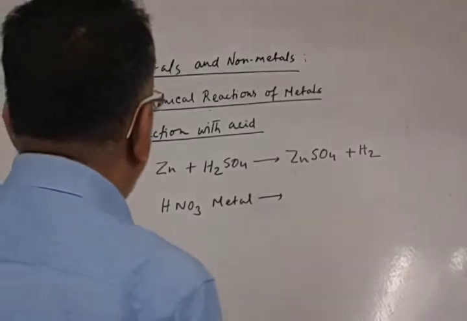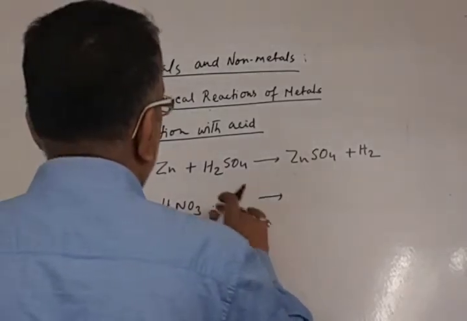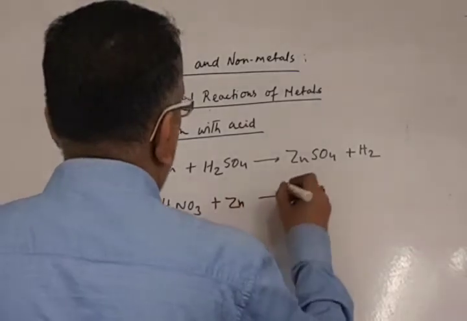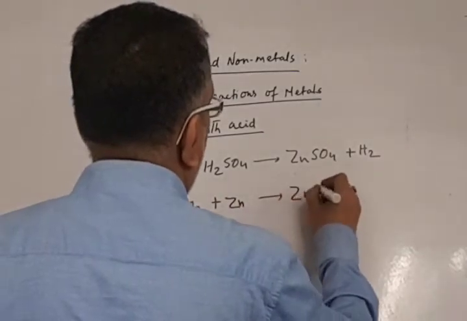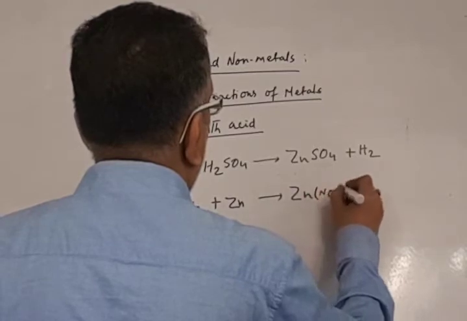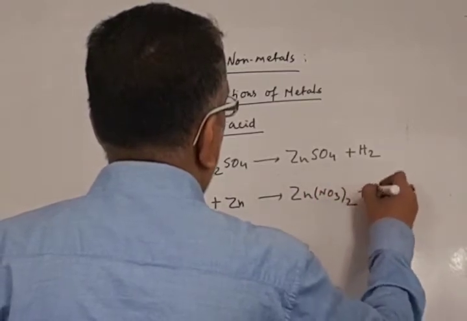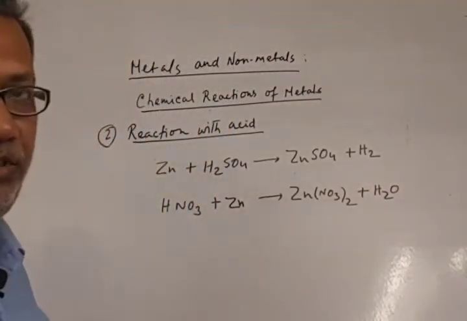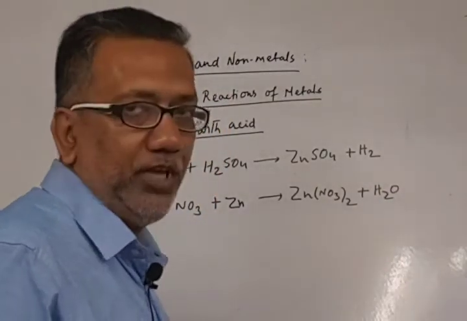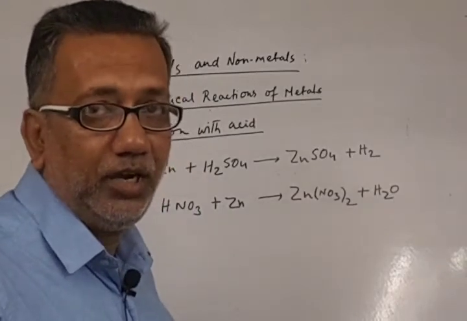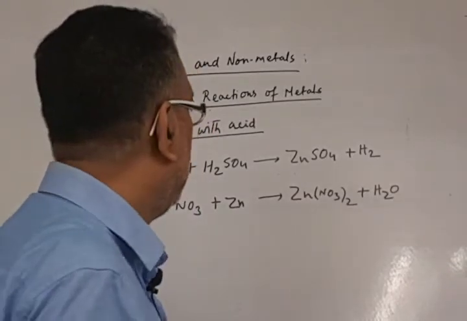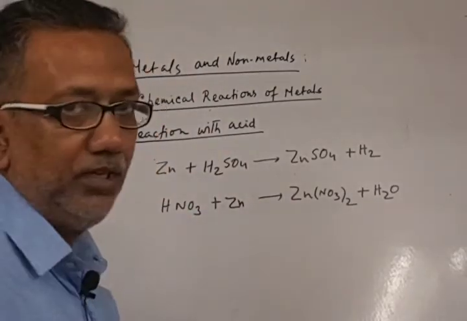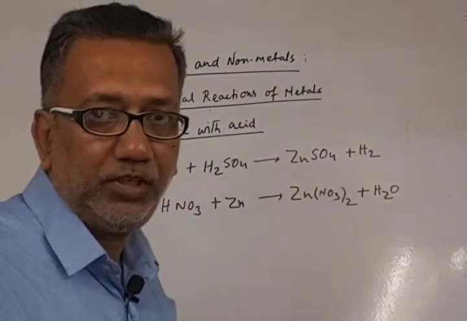Suppose we have zinc plus HNO3, then this gives Zn(NO3)2 plus water. So here we are not getting hydrogen because the hydrogen is oxidized by the nitric acid present in the solution.